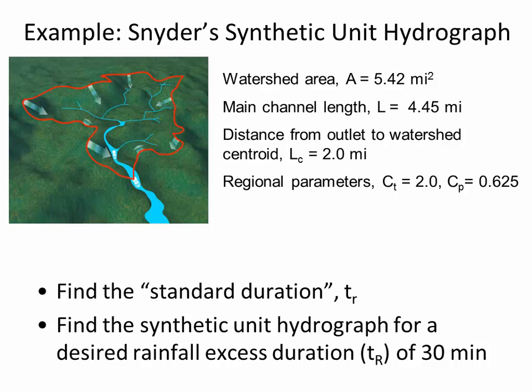All right. Step 1, we're going to first of all find the standard duration by calculating the time to peak. T sub P is C1, C sub T, L times L sub C to the 0.3 power. So here that's 1.0 times 2.0, 4.45 times 2.0 to the 0.3 power.